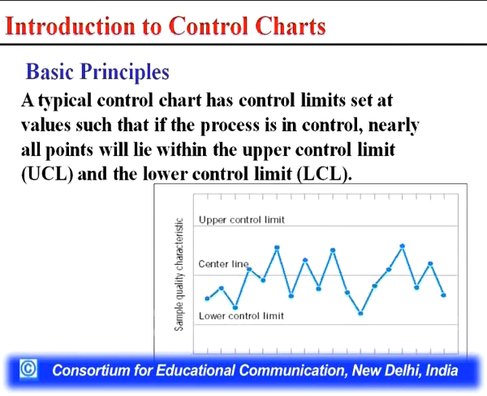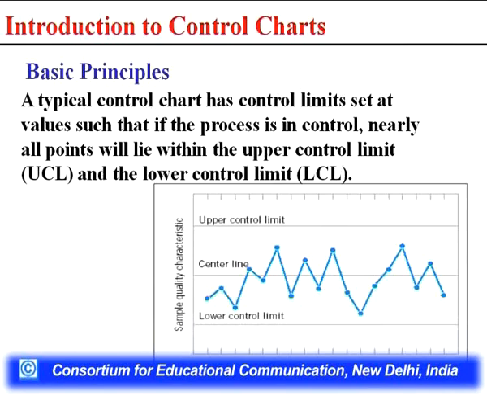Now, look at the chart. There is a straight line in the center. This is called center line, and at the top there is one more line which is called upper control limit, and there is one more line below the center line, this is called lower control limit.